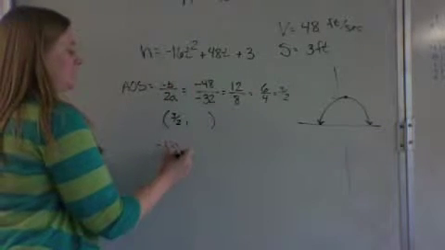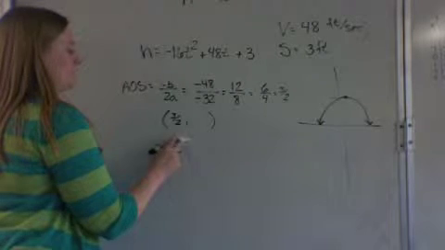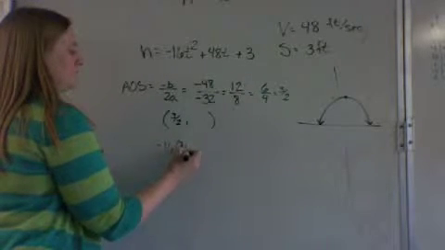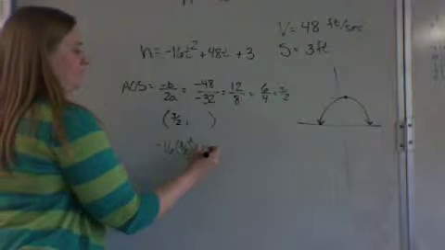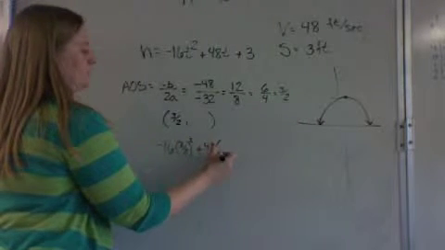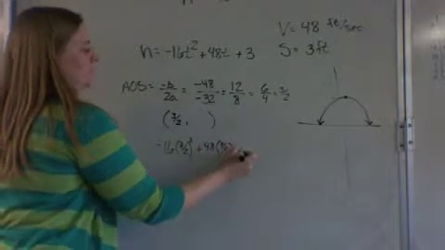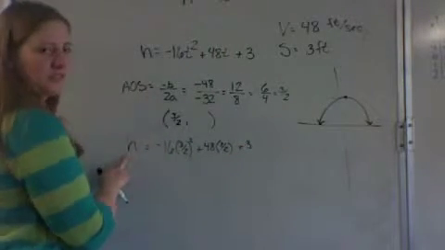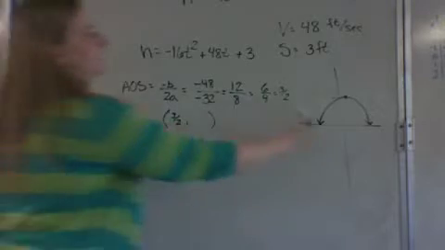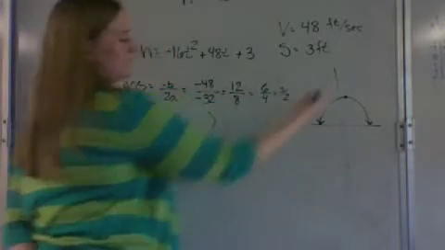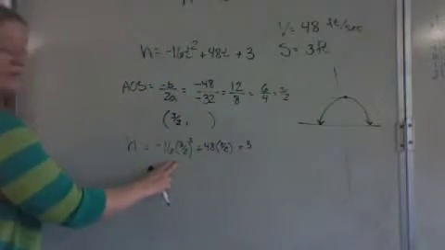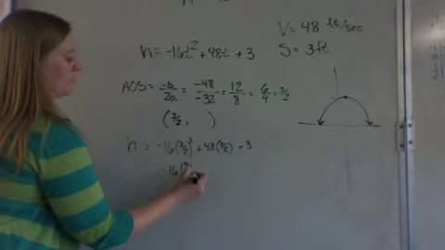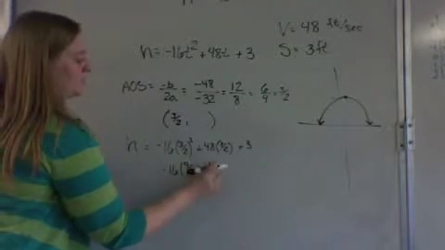Negative 16t squared, instead of t, I'm going to put in 3 halves, plus 48 times 3 halves, plus 3. And that equals h, which is essentially our y value, because our height is on our y-axis. So now to solve this, it's negative 16 times 9 fourths plus 48 times 3 halves.